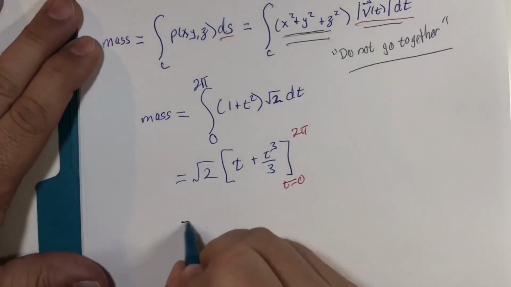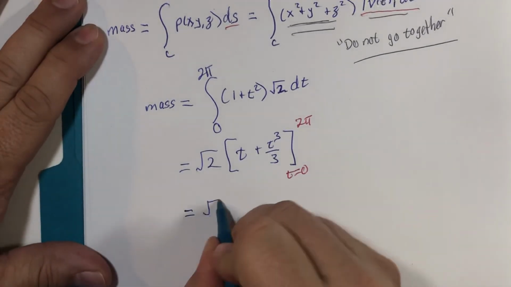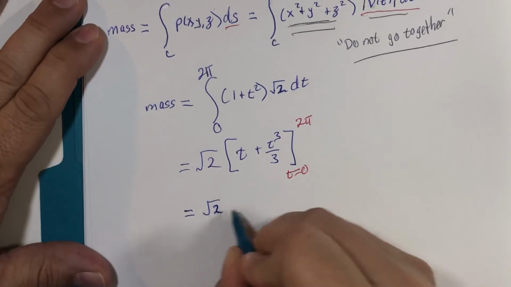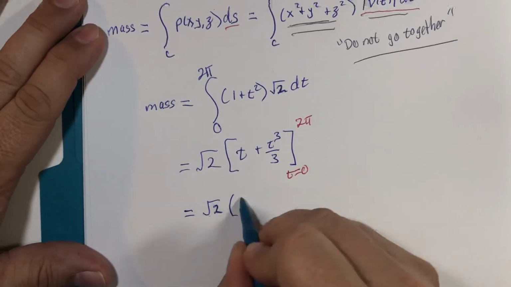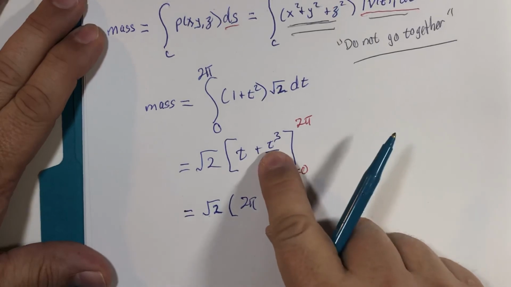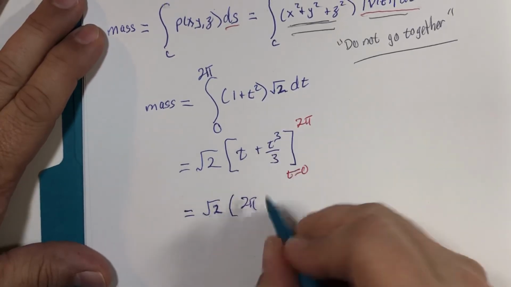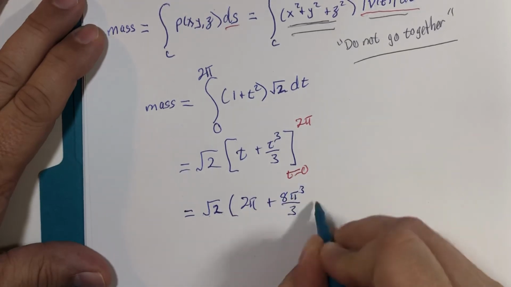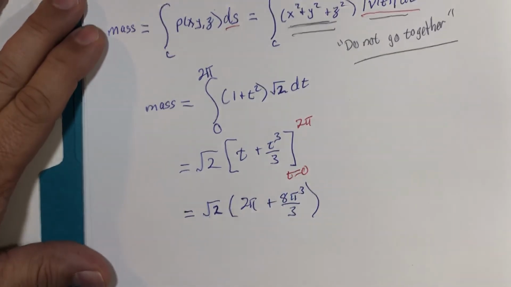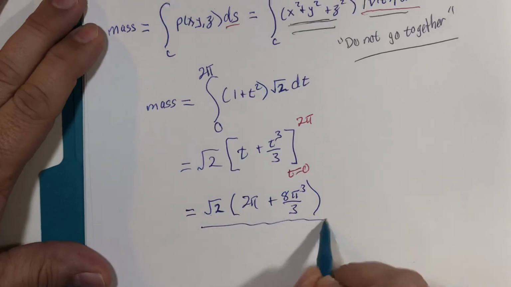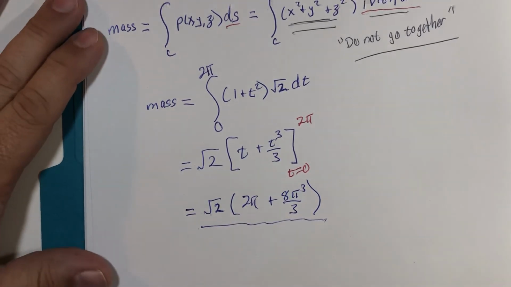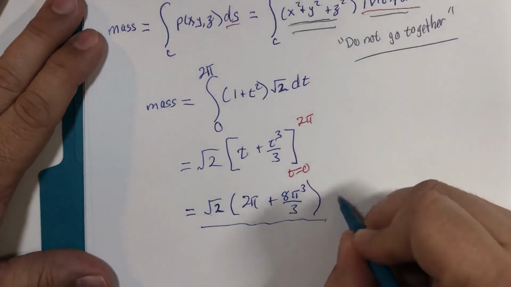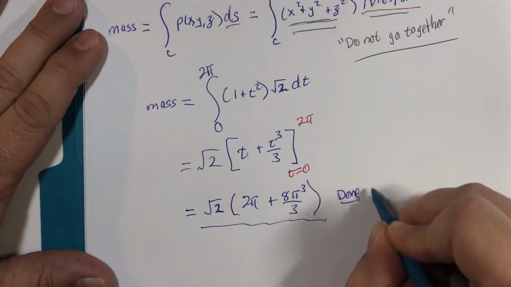When the dust settles, I have root 2 multiplied by 2 pi plus 2 pi cubed, which is 8 pi cubed, divided by 3. All of it minus 0, so I'm not going to show that. There are several ways of rewriting this expression, but I'm going to call this done.